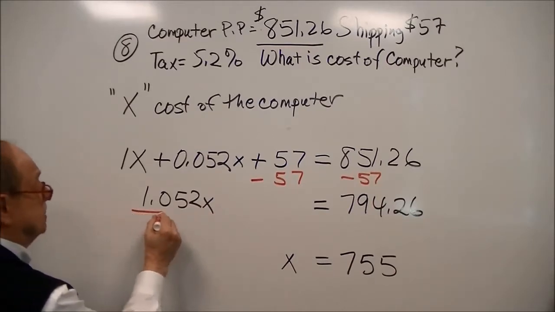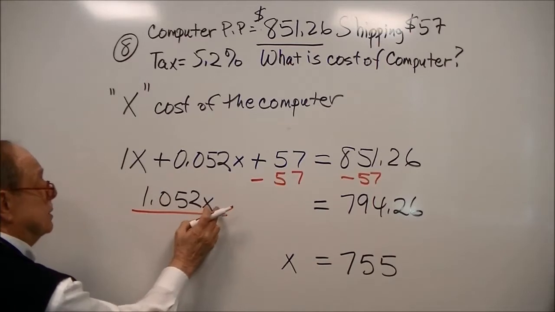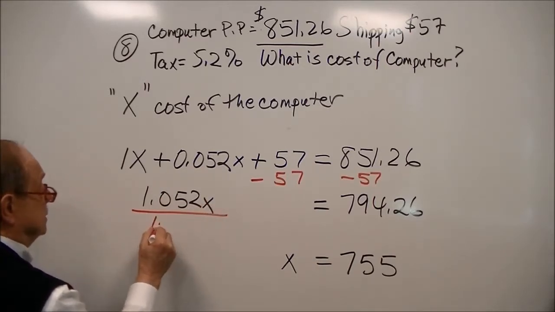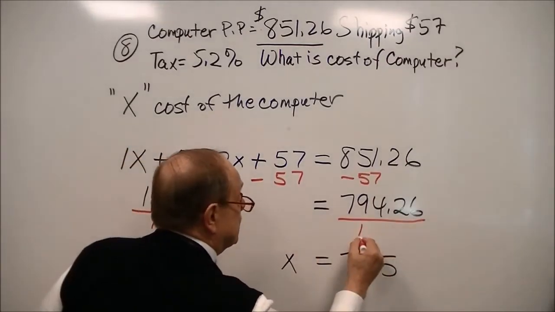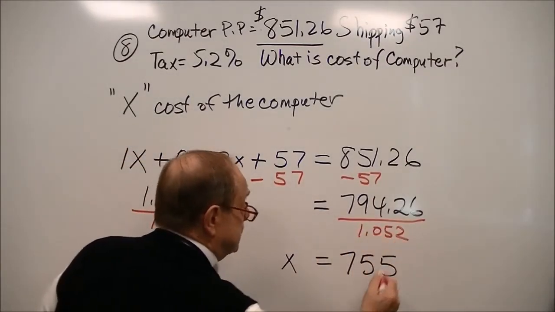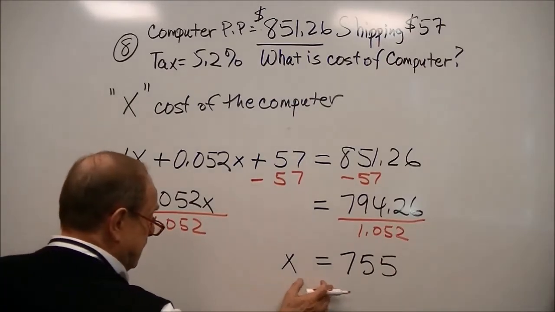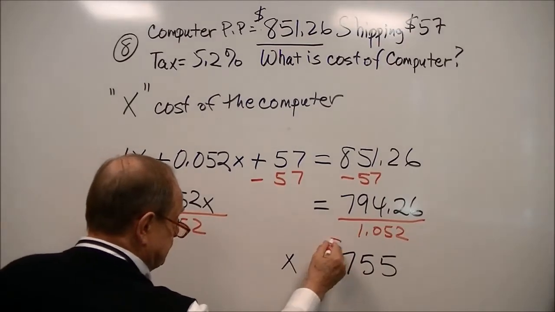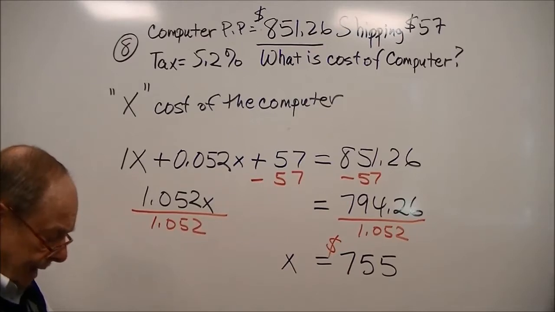Well, that same principle of dividing both sides by the numerical coefficient of x, which is 1.052. And this is where your handy calculators come in. And I get x equals this. So this is what x is, but what is x?